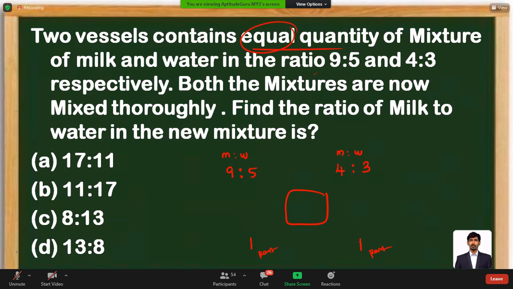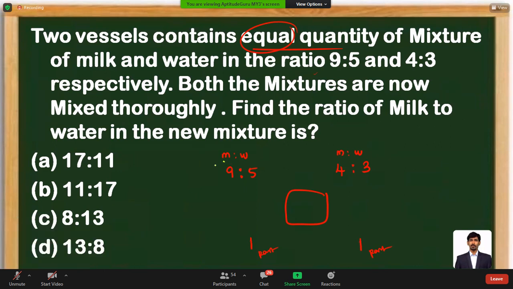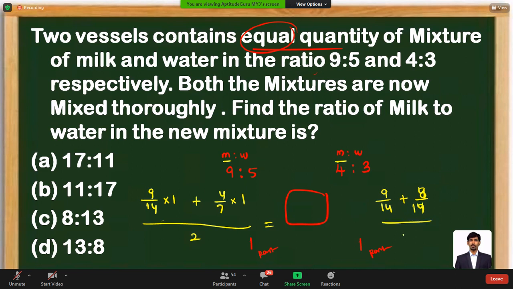So what is the cumulative average formula? A1 N1 plus A2 N2 divided by N1 plus N2. What is the milk here? 9 out of 14 into 1 part. The milk here is going to be 4 out of 7 into 1 part, divided by 2. So it is going to give a result which is 9/14 plus 4/7, or 8/14, divided by 2.